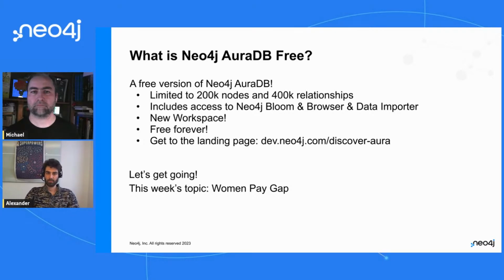You can import your own data, obviously. You can use some sample data sets. You can use lots of tools that we make available. With the new workspace, you get Browser to query your data, Bloom to visualize your data, and Data Importer to make it even easier to get your data in if you have it available as a CSV file, for example, and want to load it into a graph database. It's free forever, so you can keep it as long as you like.